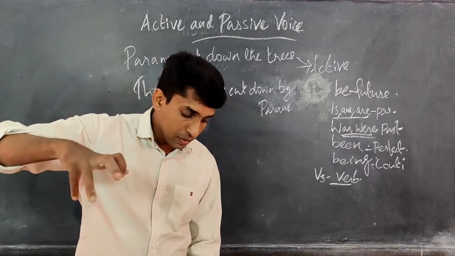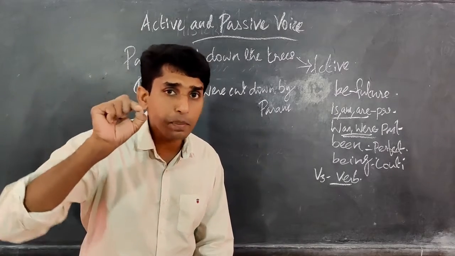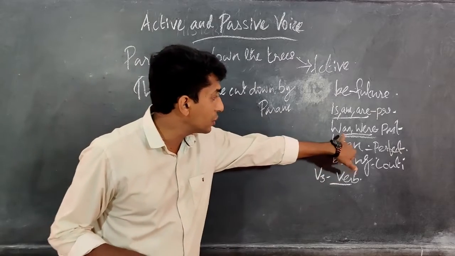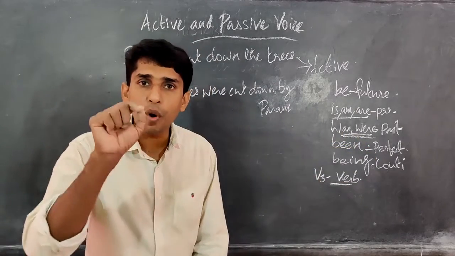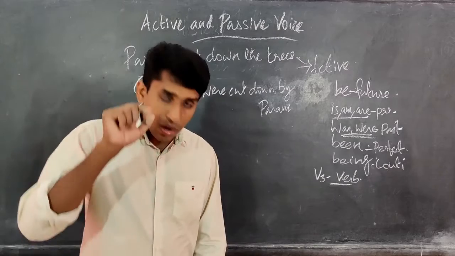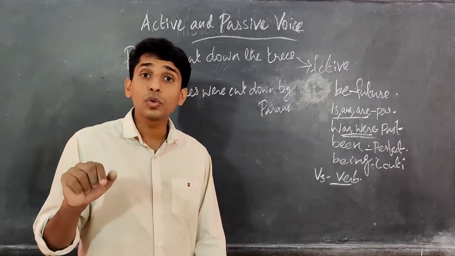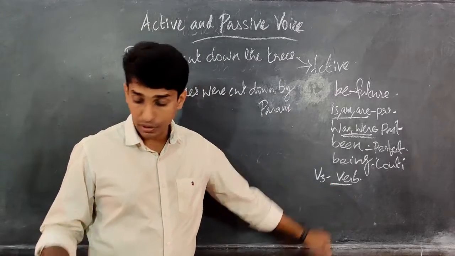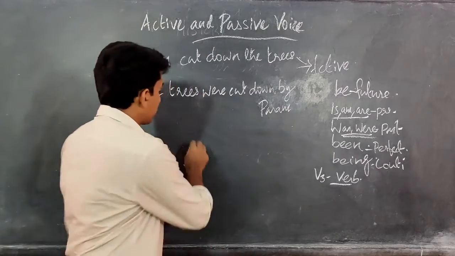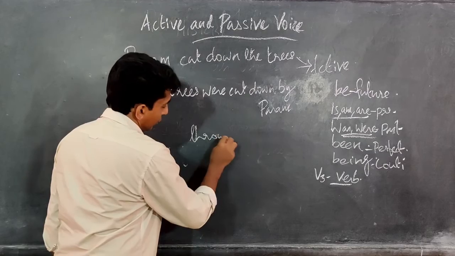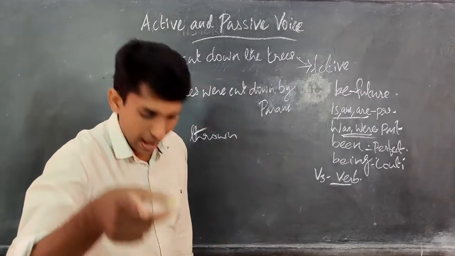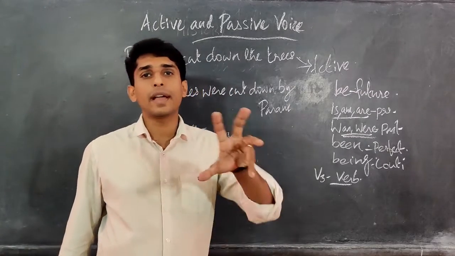The ball. What is the tense? Threw is past tense. So what do we have to use? Was or were. The ball is singular, isn't it? So we have to use was. The ball was threw. The V3 form of threw is thrown, by Rita into the air.